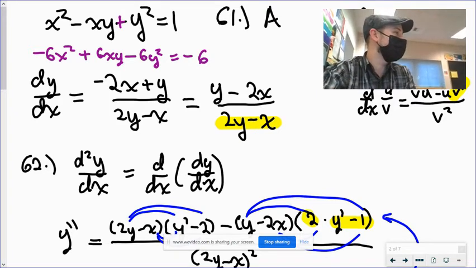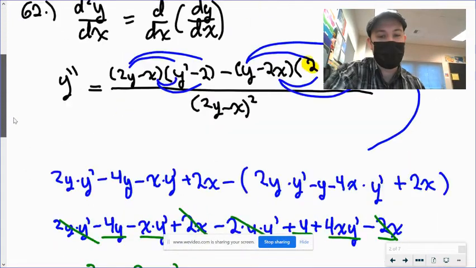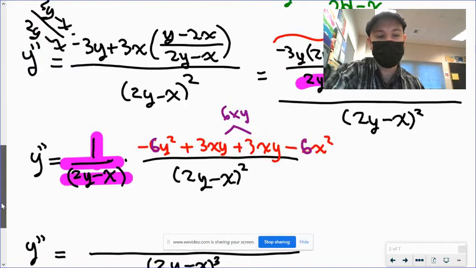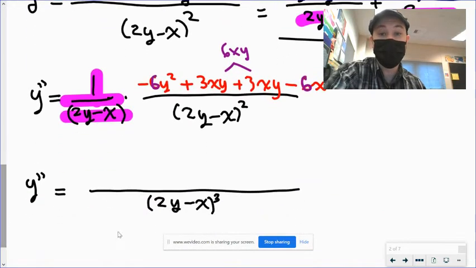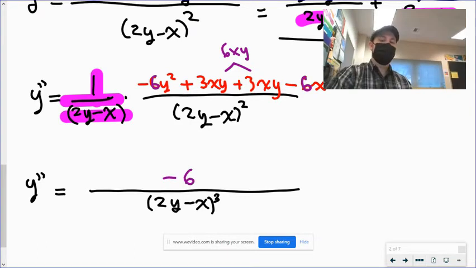Negative 6, because I'm multiplying through by negative 6. So to finish this problem out, this entire numerator simplifies to negative 6, just like that. So it's a second back substitution, which is really cool.